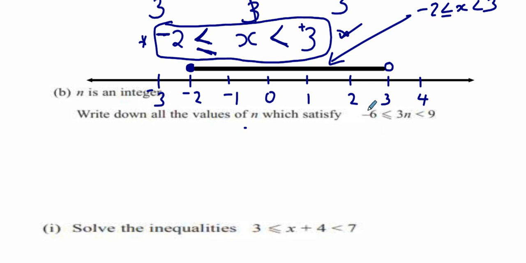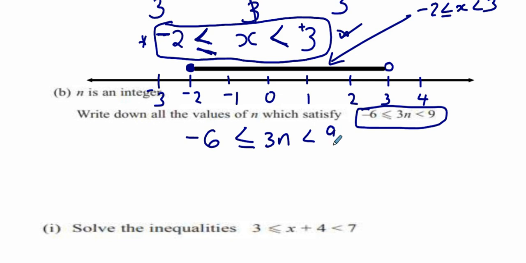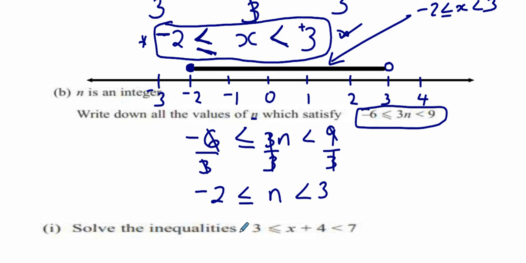If you remember, we saw that negative 6 is less than or equal to 3n is less than 9. Write down all the values of n, but here we have 3n. So what you need to do is divide by 3 throughout. You are going to have negative 2, less than or equal to n, less than 3.